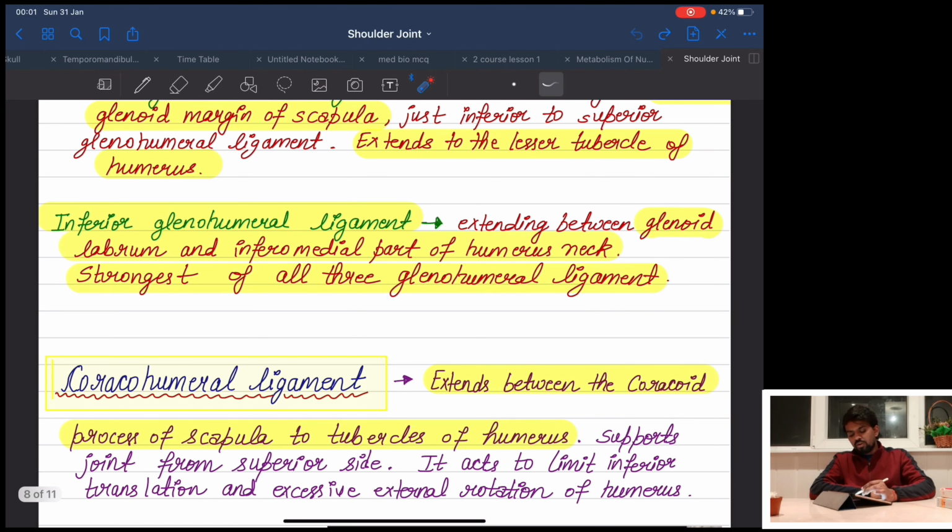The last ligament of the glenohumeral ligament, the inferior, extends from the glenoid labrum and attaches to the inferior medial part of the neck. The inferior glenohumeral ligament is one of the strongest of the three glenohumeral ligaments.